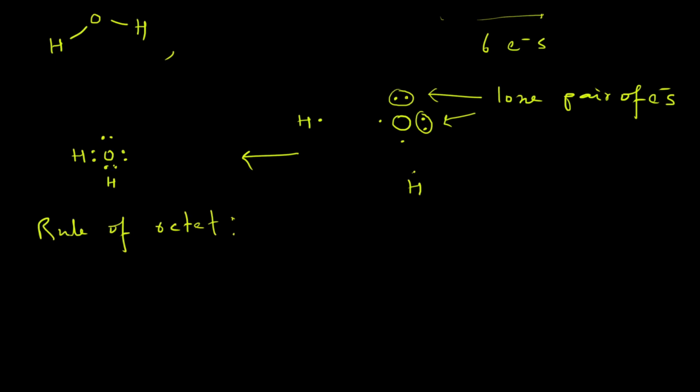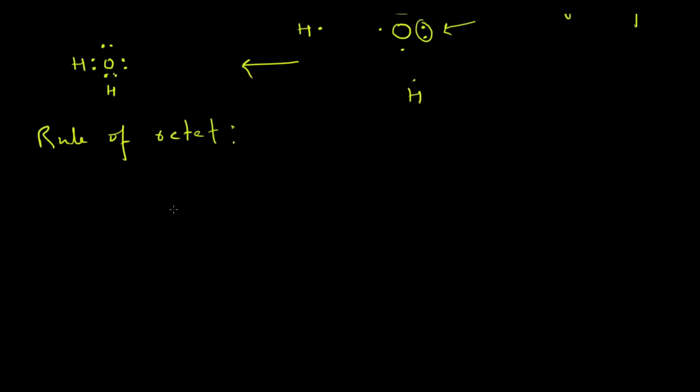So if we consider the second row elements, from nitrogen to carbon to oxygen to fluorine, and at the last neon. We all know that neon has an electronic configuration of 1s2, 2s2 and 2p6.